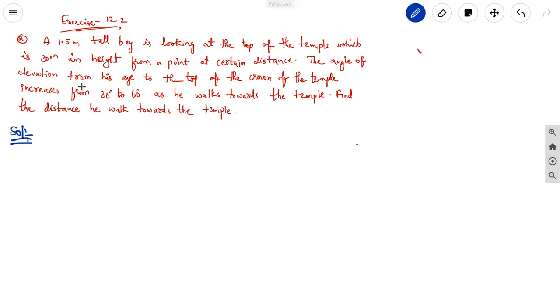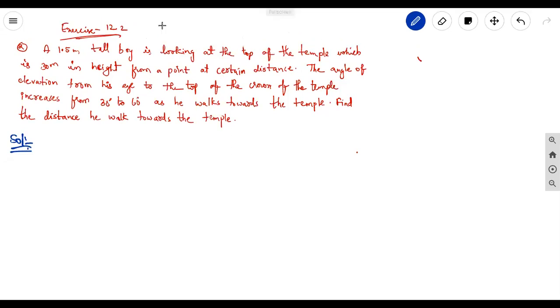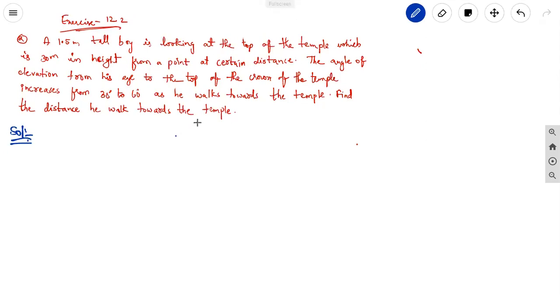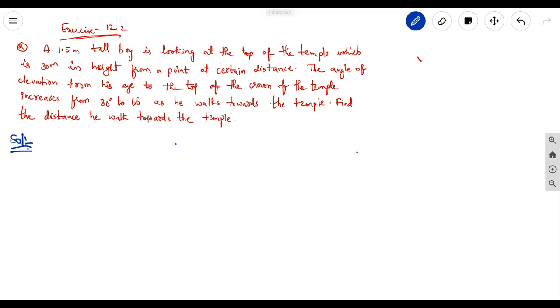The angle of elevation from his eye to the top of the crown of the temple increases from 30 degrees to 60 degrees as he walks towards the temple. Find the distance he walked towards the temple.